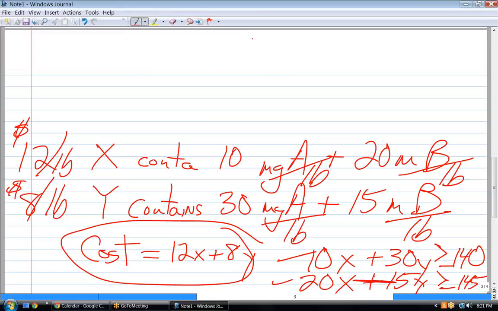Now let's graph those 2 equations. X and Y intercepts are the easiest way to graph these. What's the X coordinate? 14. And the Y coordinate? 4.6.